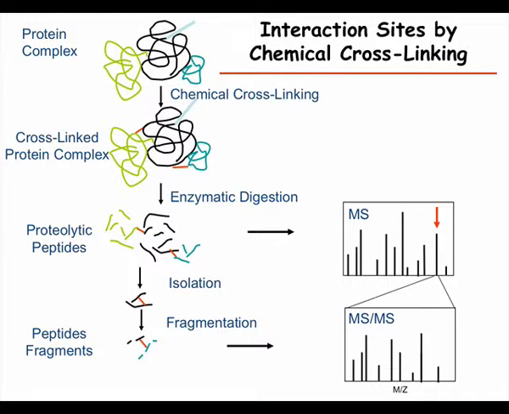Of course, this is a much more difficult problem, because here we actually have to find peptides that are cross-linked between amino acids that are far away in the linear chain, otherwise it doesn't give much information, or that are between different proteins.